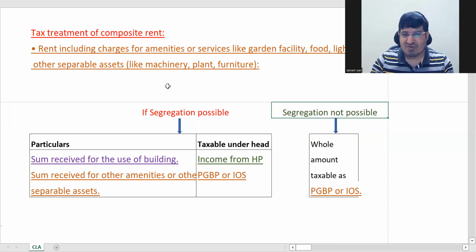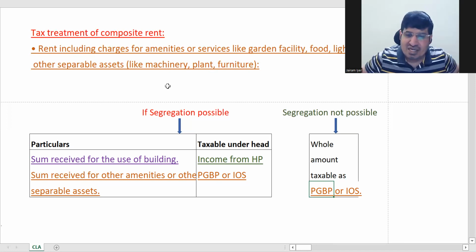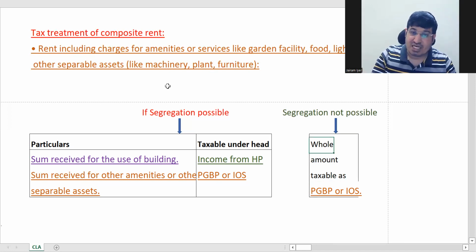So if there is no segregation, then you take it as business income fully. If there is business activity, then it will be business income. But if it is a solitary transaction, it will be IOS, income from other sources. So if segregation is not possible, the whole amount will be taxable as PGBP or IOS, not income from house property.